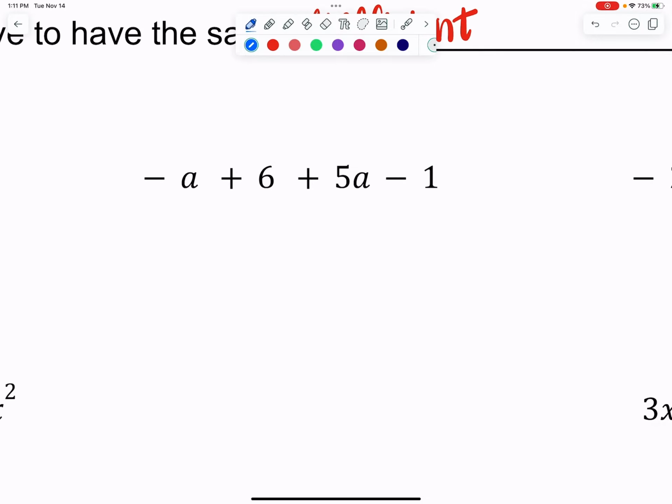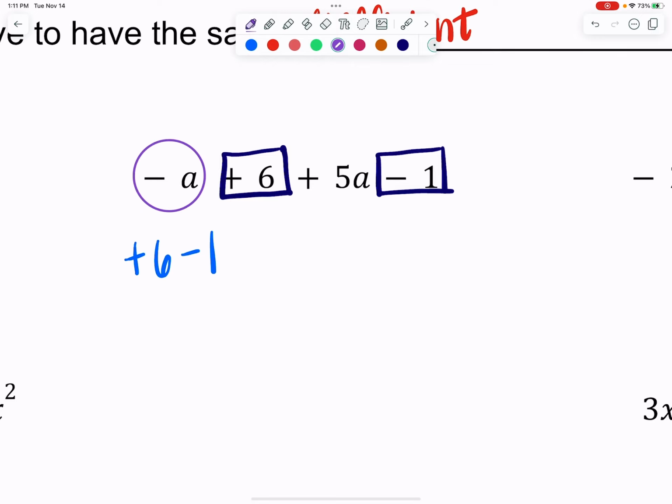So now I have 4 terms in our polynomial. I need to see if some things match. The first thing I notice is that I have 2 constants. They don't have any variables, they don't have any exponents. These already match, so I'm going to write them together. Then I see this guy and this guy.